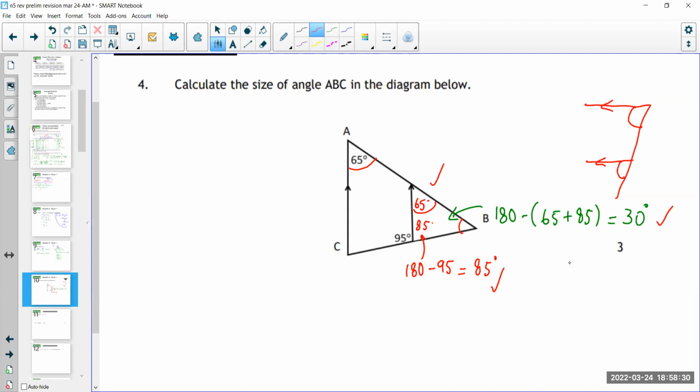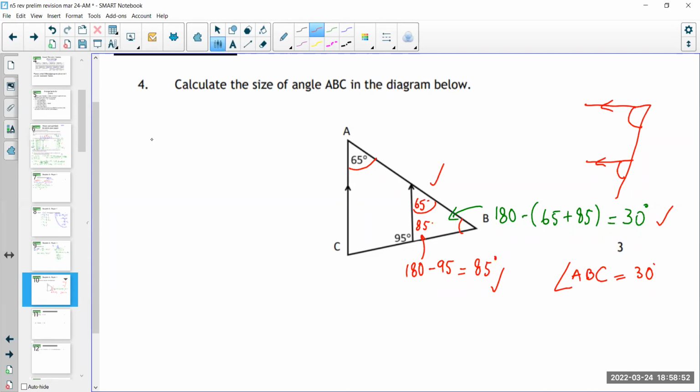Calculate ABC. ABC equals 30 degrees. But you can put them onto the diagram, you get the mark, even if you put them on the diagram. So here I would say the only difficulty here was for you to remember these F shapes.